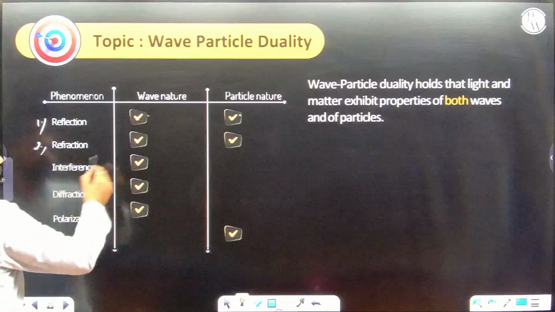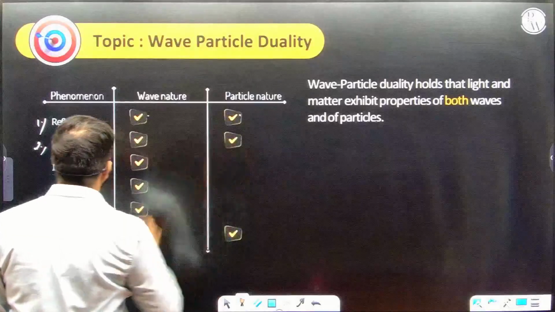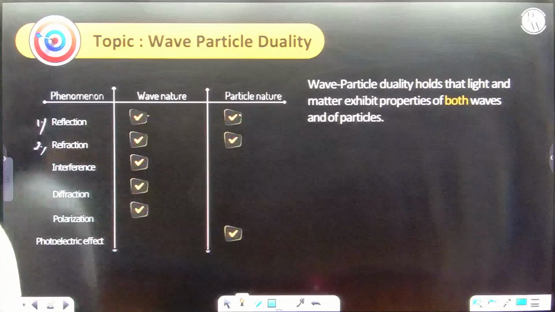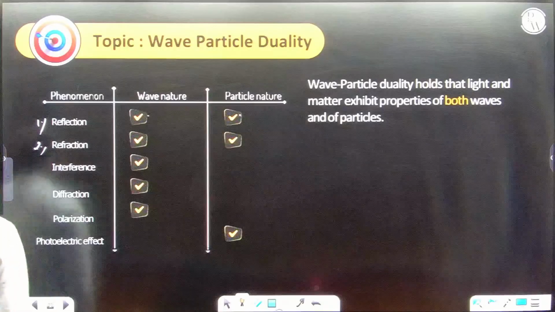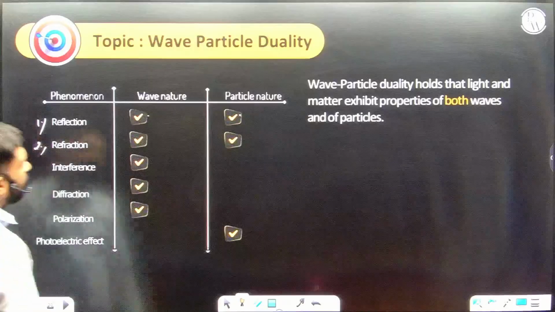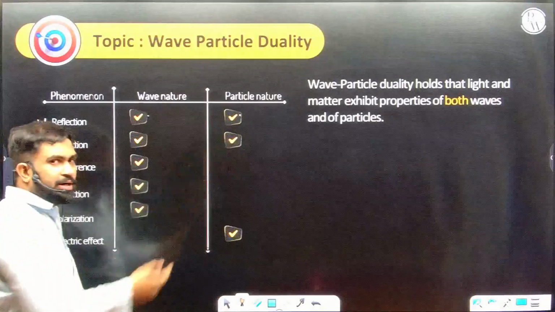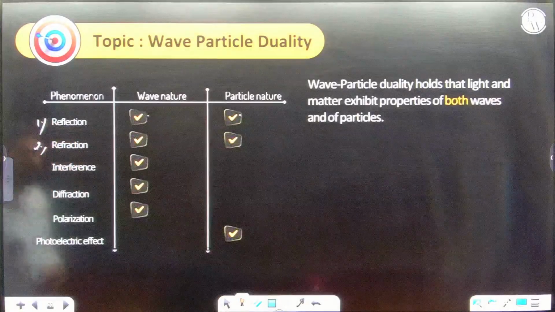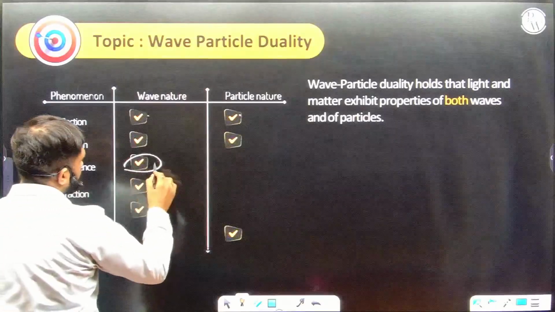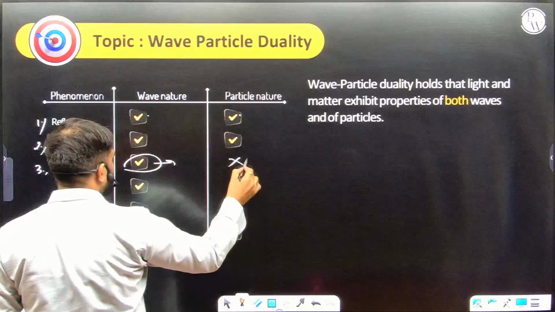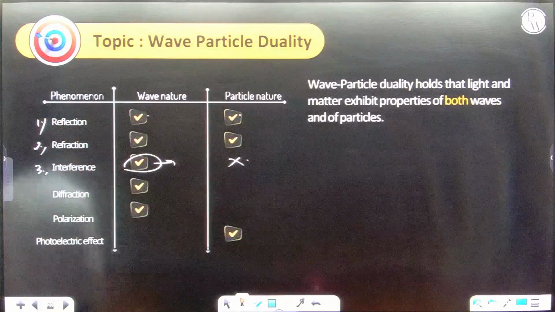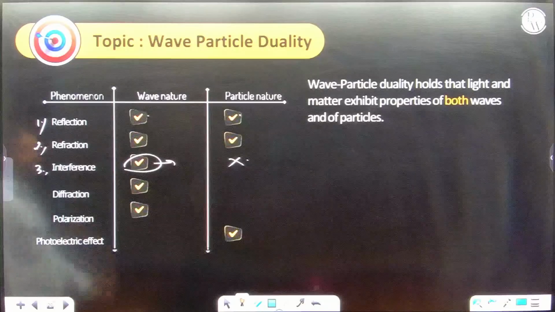Refraction, again wave nature or particle nature. Refraction in the sense that if it enters another medium, will it suffer a speed change? That we can easily say it can suffer a speed change. If the medium offers resistance to the particle's motion, it will suffer. Interference definitely is wave nature. Particle nature cannot show interference. So I can say interference is the sure test of the wave nature of light.